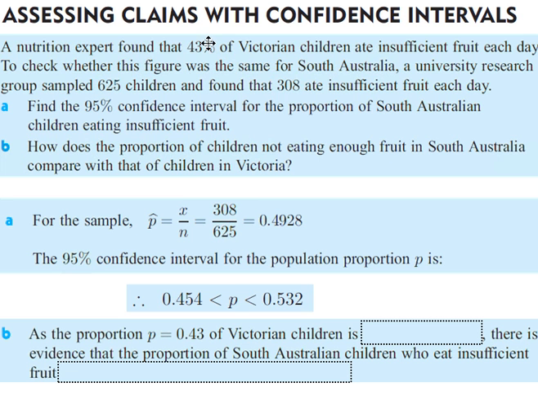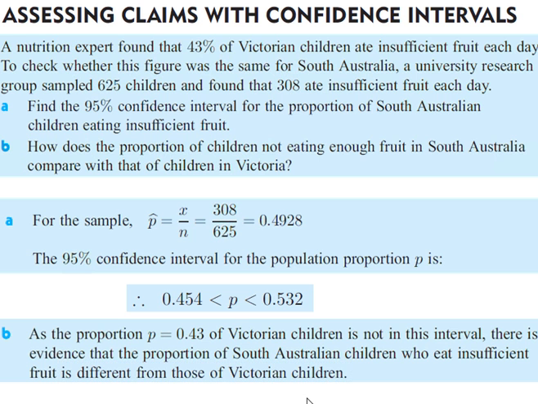We've seen that 43% of Victorian children are not eating enough fruit. So as the proportion is 0.43 for Victorian children, that is not in the interval, it is outside of that lower limit there. There is evidence that the proportion of South Australian children who eat insufficient fruit is different from that of Victorian children.